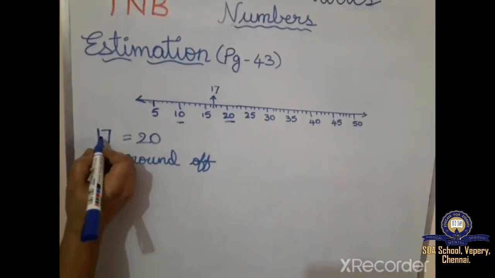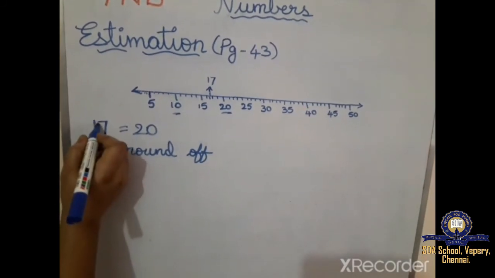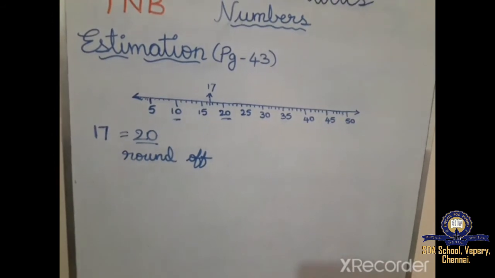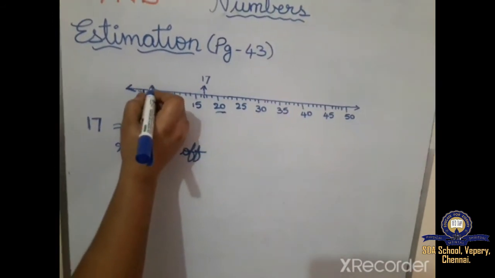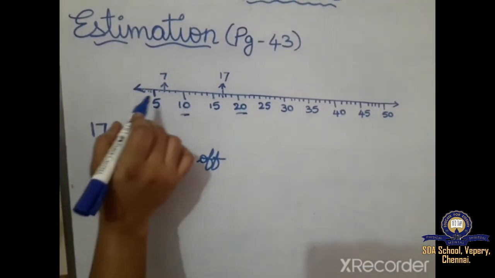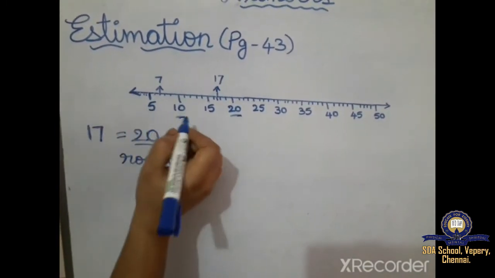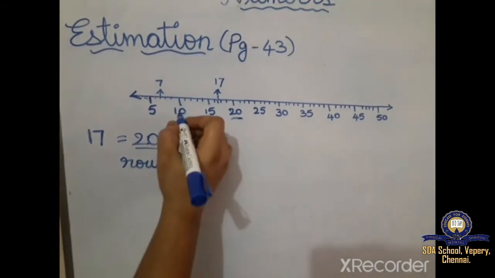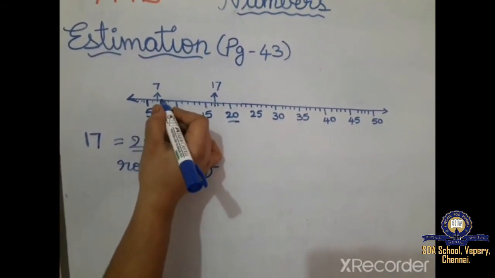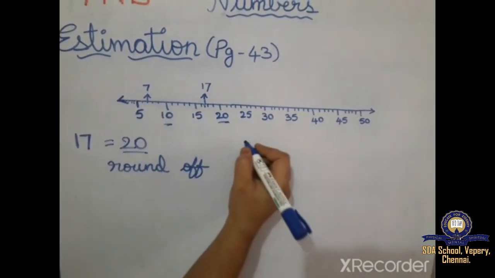The number is 17, but we will write the rounded-off number as 20. For example, if it is 7, it is between 0 and 10. Now it is on the other side of 5, so greater than 5. So we will write 10.